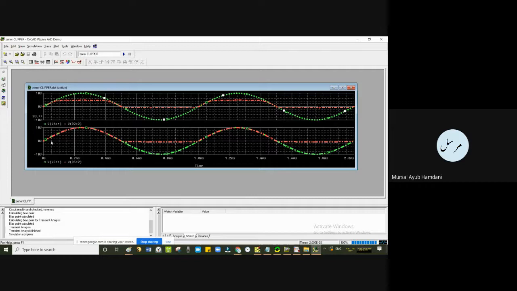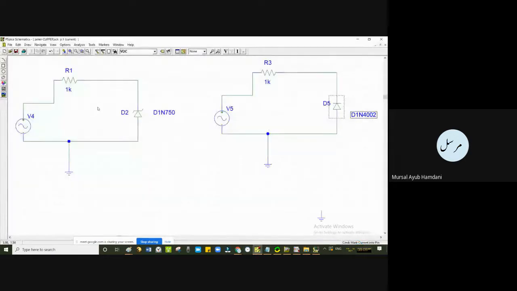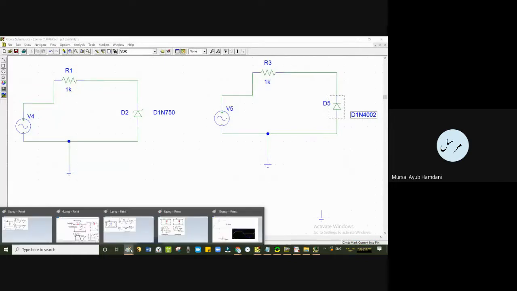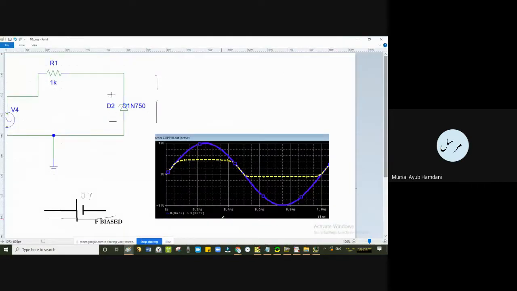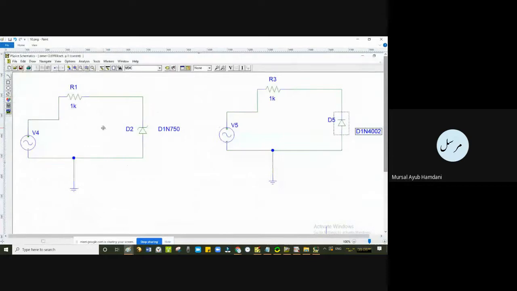In the common diode, there is only one reverse bias condition. You see here, there is only one reverse bias condition in this.